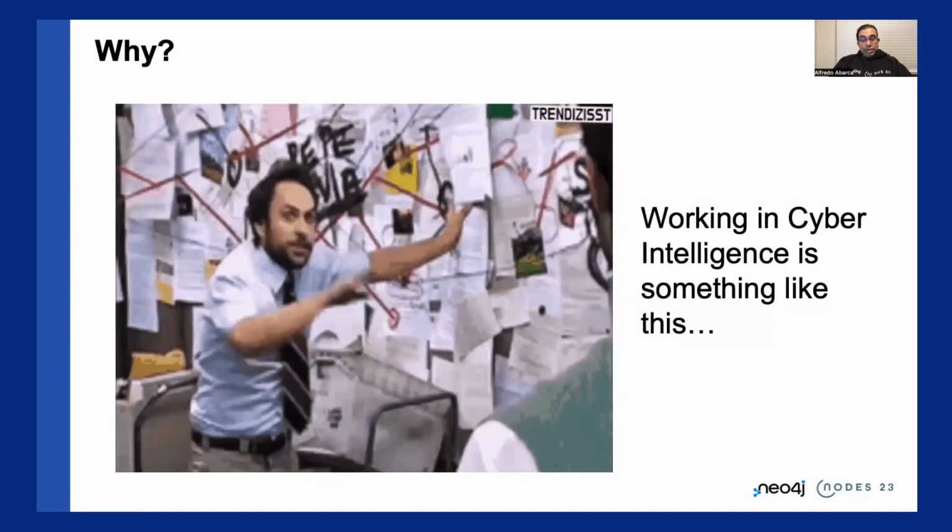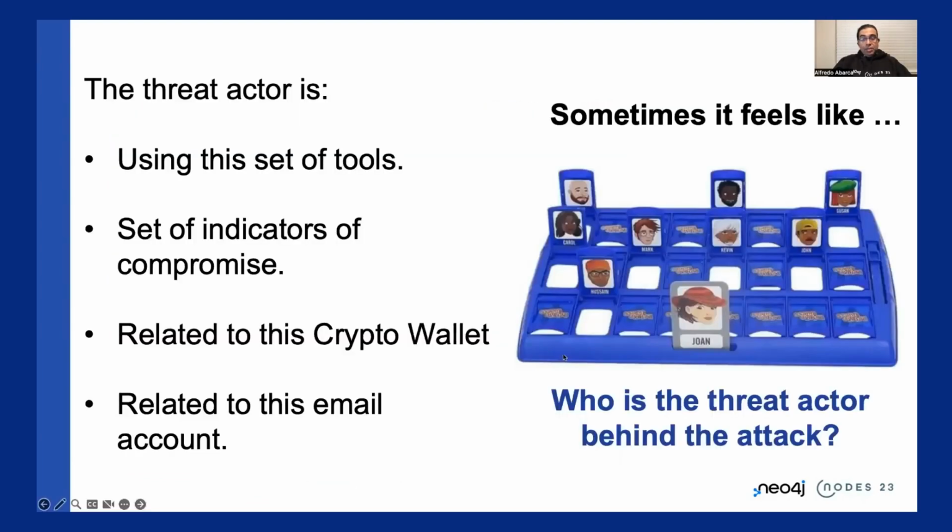Most recently, threat intelligence for me looks something like this: Guess Who. Maybe you know the game, where you ask questions about the person, or in this case the threat actor. What are the tools that this threat actor is using? What are the indicators of compromise related to this threat actor?